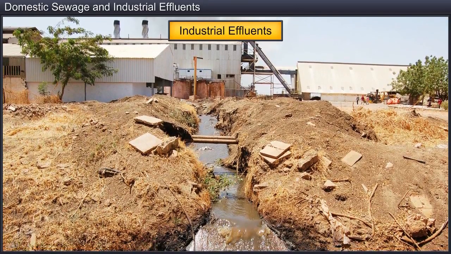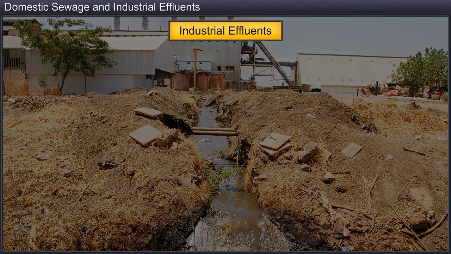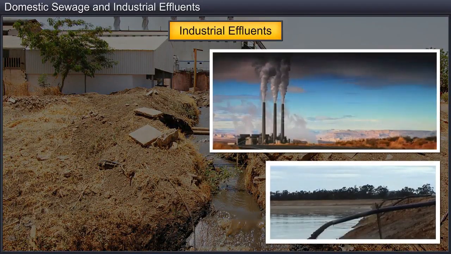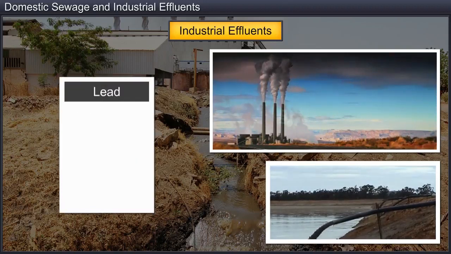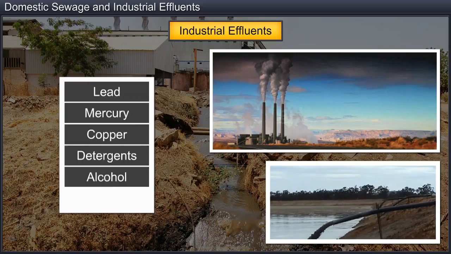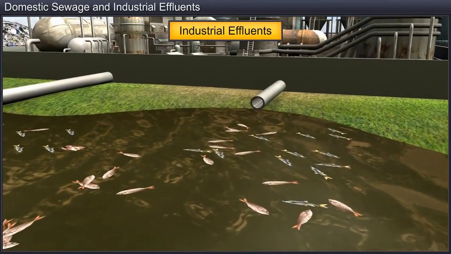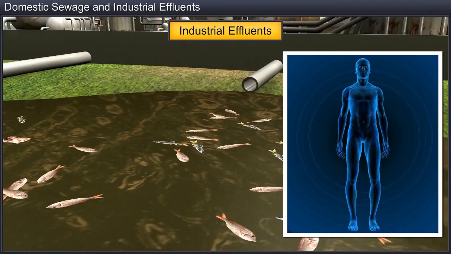Industries such as paper manufacturing, petroleum, sugar, and textile mills release tons of wastewater that contain toxic metals such as lead, mercury, and copper, along with detergents, alcohol, and acids into water bodies. These pollutants are highly toxic to aquatic fauna and other animals, including human beings.